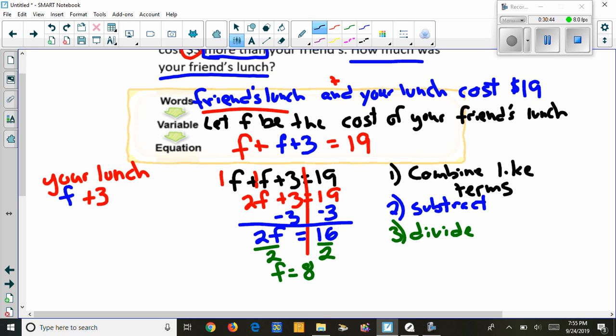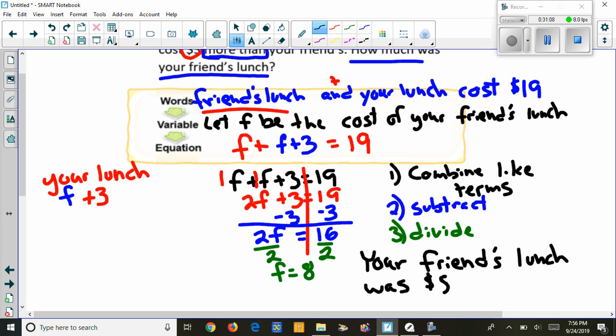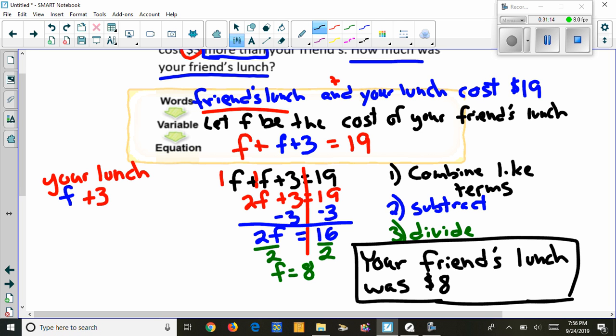So what it looks like is your friend's lunch cost, or was, whichever you want to use, $8. And that concludes Chapter 2, Lesson 3.